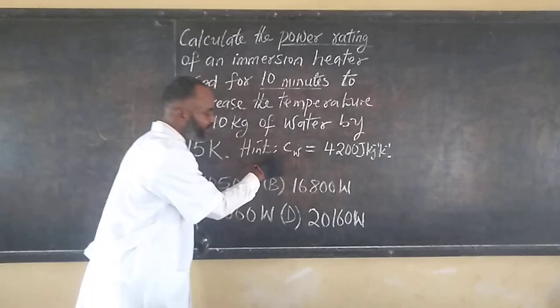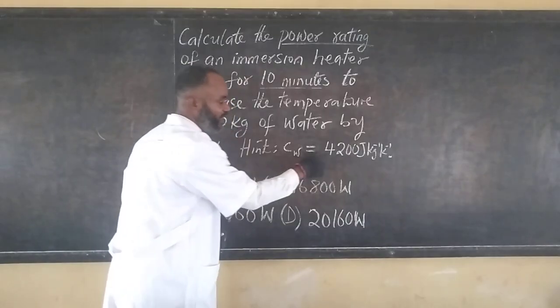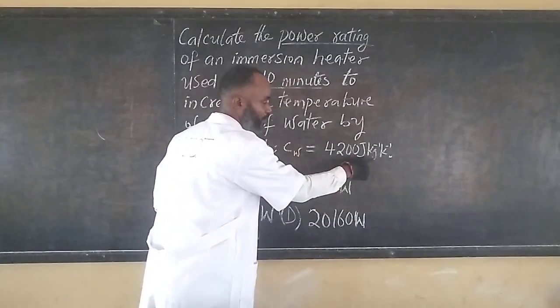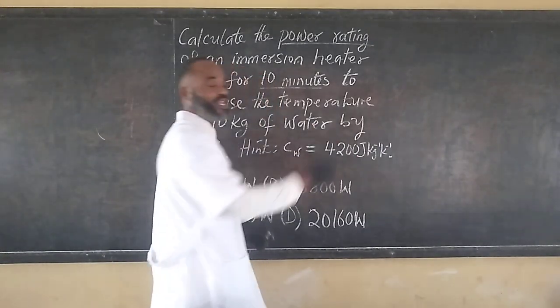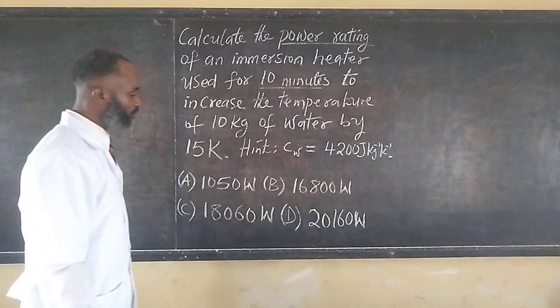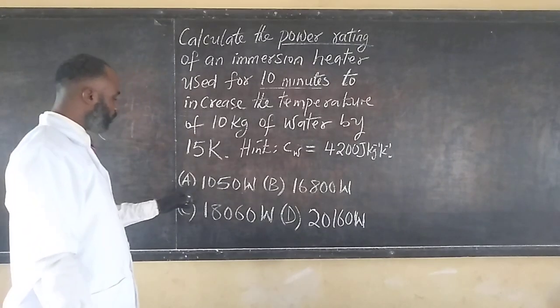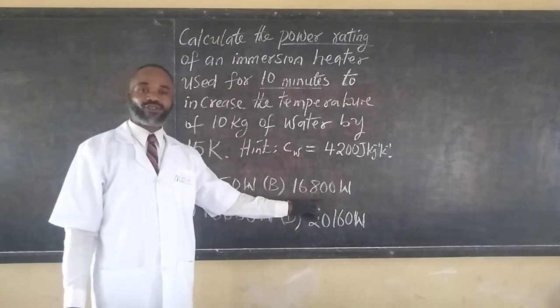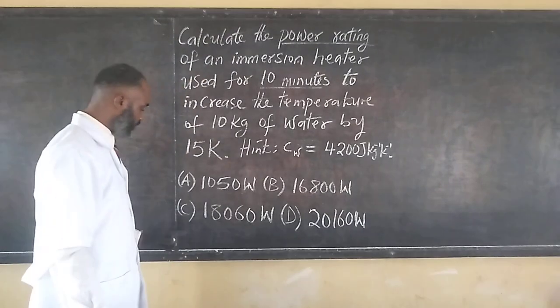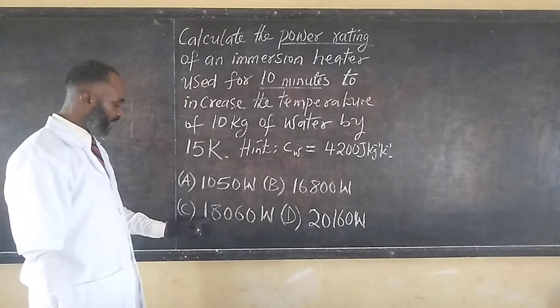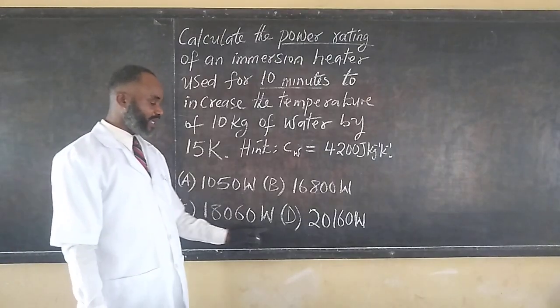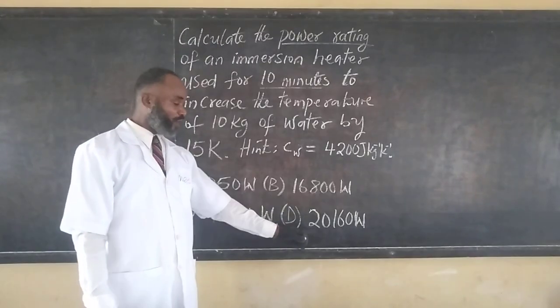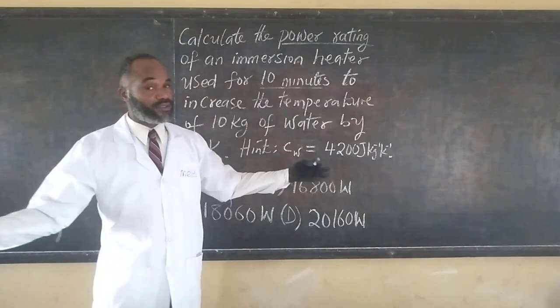The specific heat capacity of water is given as 4,200 joules per kilogram per Kelvin. Option A, 1050 watts. Option B, 16800 watts. Option C, 18060 watts. And option D, 2160 watts.